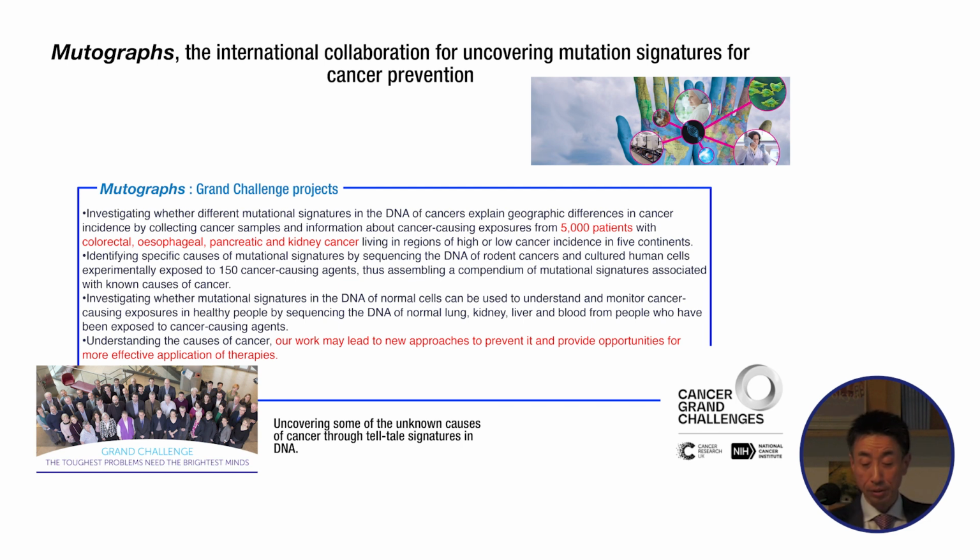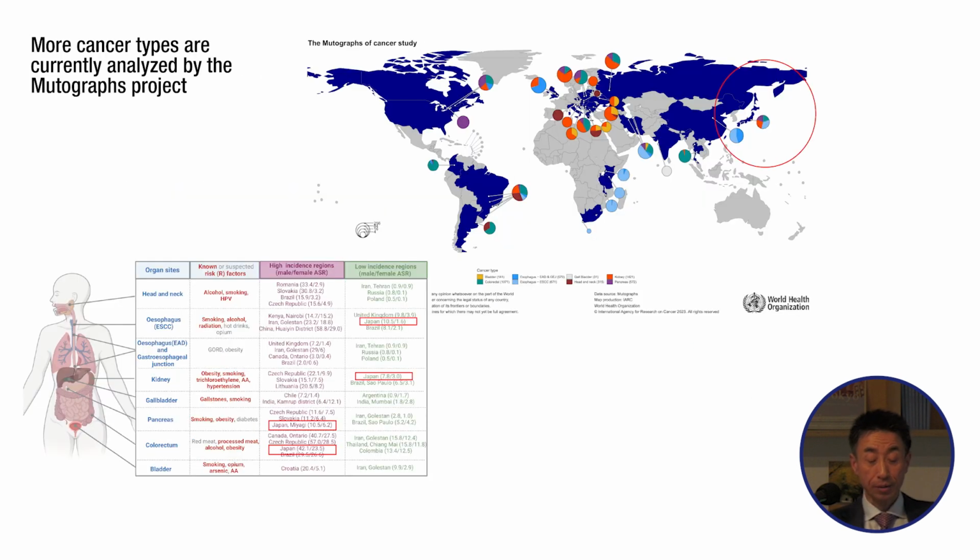This project is supported by the Cancer Grand Challenges, which is Cancer Research UK and NIH. And this Mutographs project covers expanded cancer types. I showed gastric cancer today, but this project covers many different types of cancers, including esophageal cancers, kidney cancers, pancreatic cancers, and colorectal cancers.